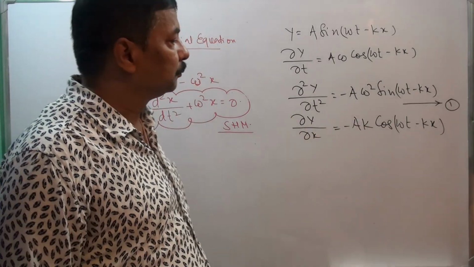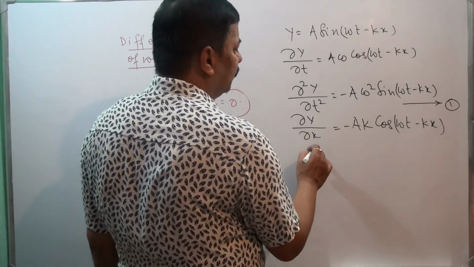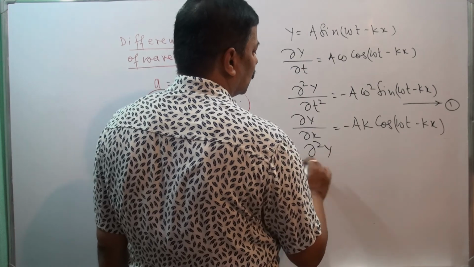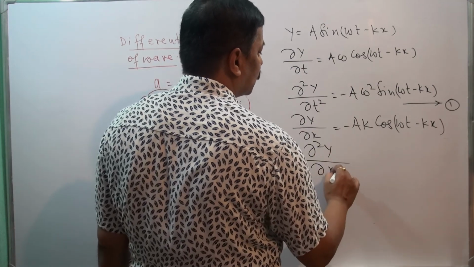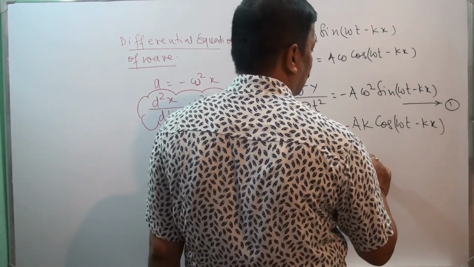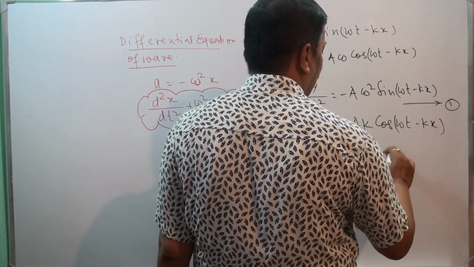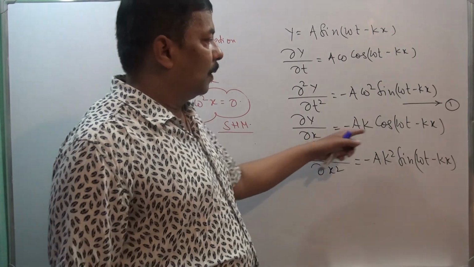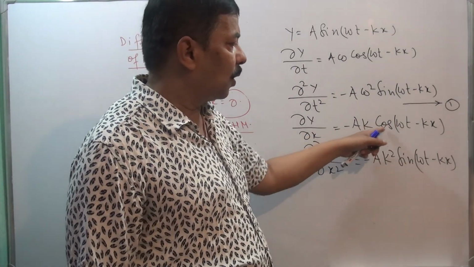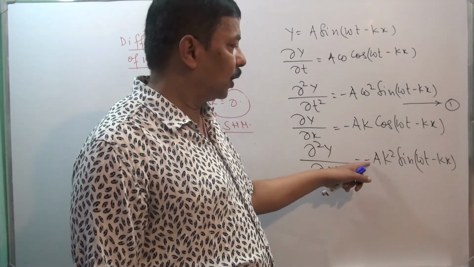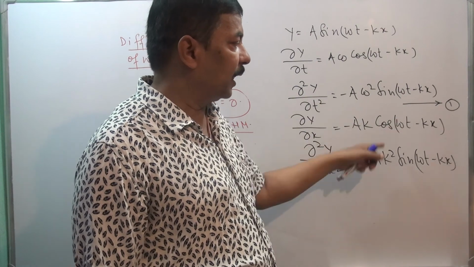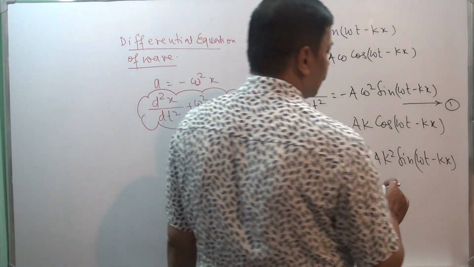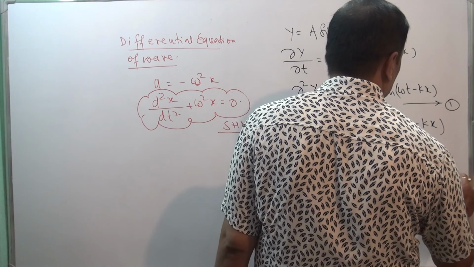So delta 2y by delta x square is equal to minus a k square sine of omega t minus kx. There are three minus signs, so ultimately one minus remains, and k square. Take it as equation number 2.